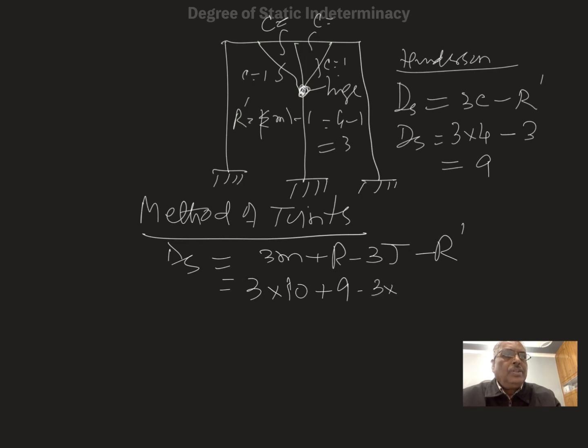How many joints? 1, 2, 3, 4, 5, 6, 7, 8, 9 joints. 9 joints minus 3. So this is 9. So by both methods we get the same total.